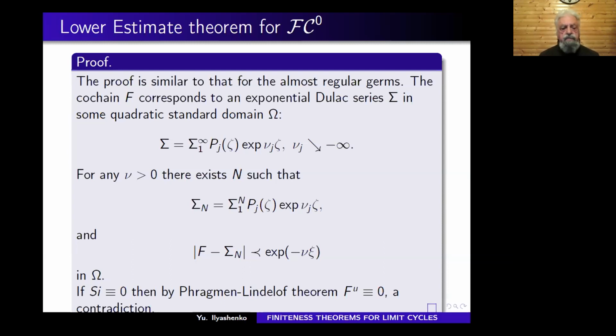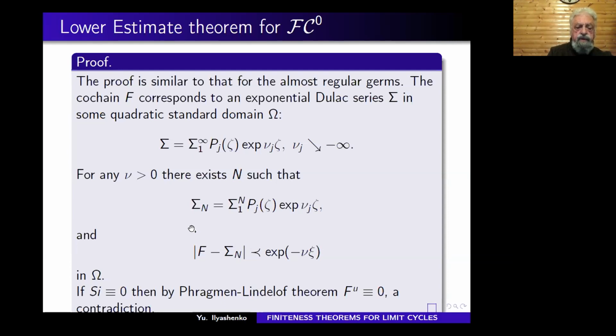We take a partial sum that approximates our cochain with a good accuracy, and there is some partial sum which is non-zero.